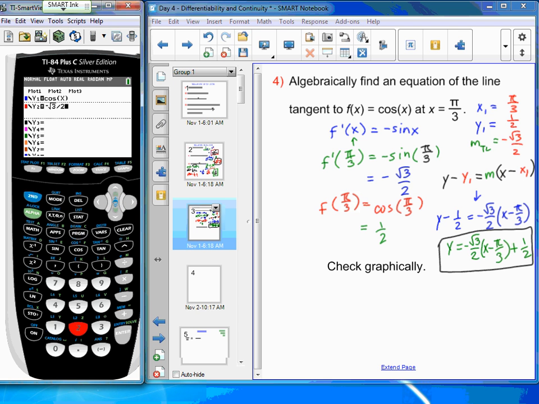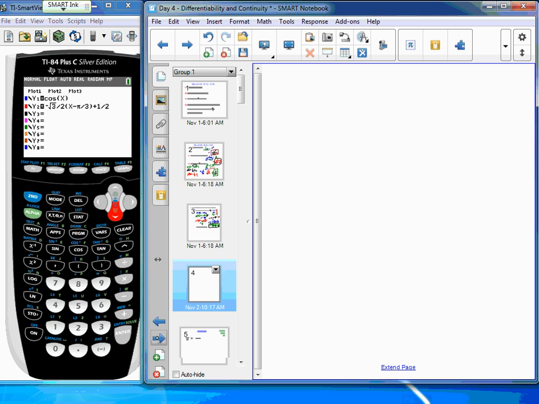Is that better? Times quantity x minus pi over 3. Close. Plus 1/2. Let's see how that goes. So we've got our slope of the tangent line, we've got our x coordinate of the point of tangency, our y coordinate of the point of tangency. We'll go ahead and see how this goes.